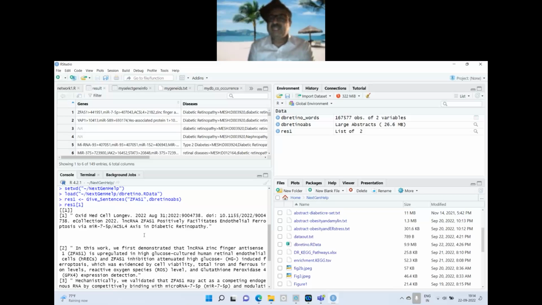So in this one sentence, the author has given the exact title of the paper, looks like, and in one sentence the author has connected the long non-coding RNA gene and how it facilitates positively or negatively.